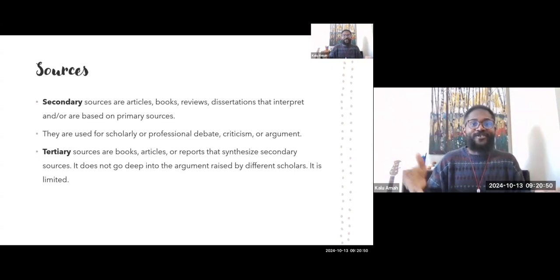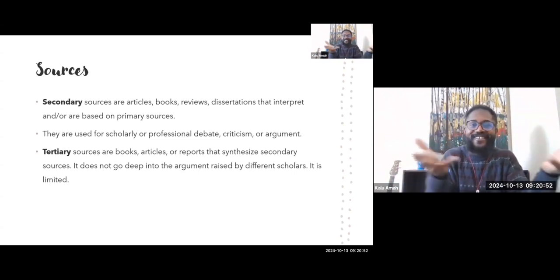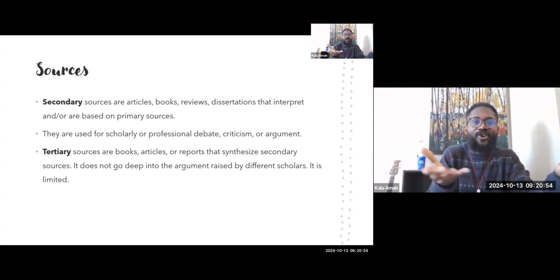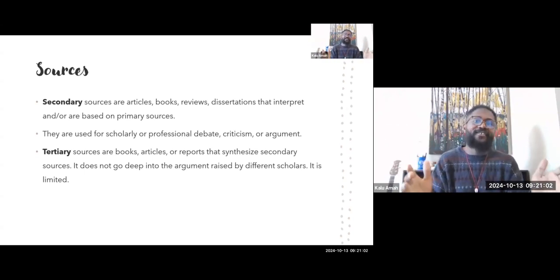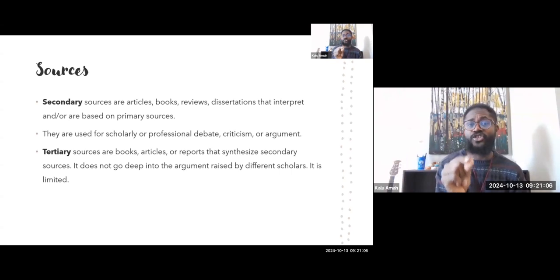We are reporting, synthesizing, making those scholars interact according to paragraph, maybe if you are following a thematic approach to your literature review. But I cannot focus on your literature review to grasp what that paper written by that scholar is really saying. It can just give me a hint that Chinweizu said something like this.